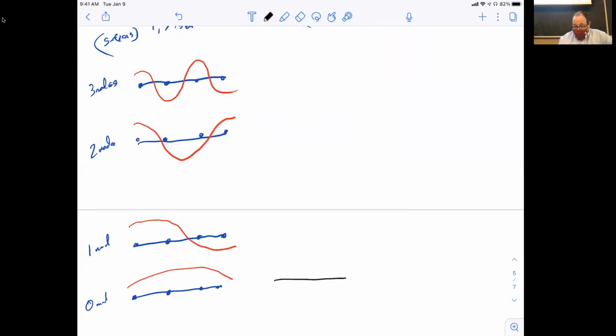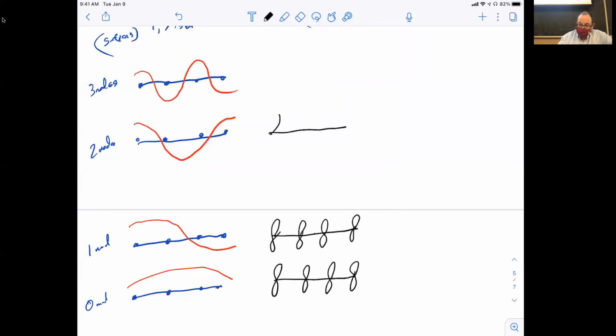So then what I'm going to do is draw my p orbitals, and I'll use the string as my guide on my shading.